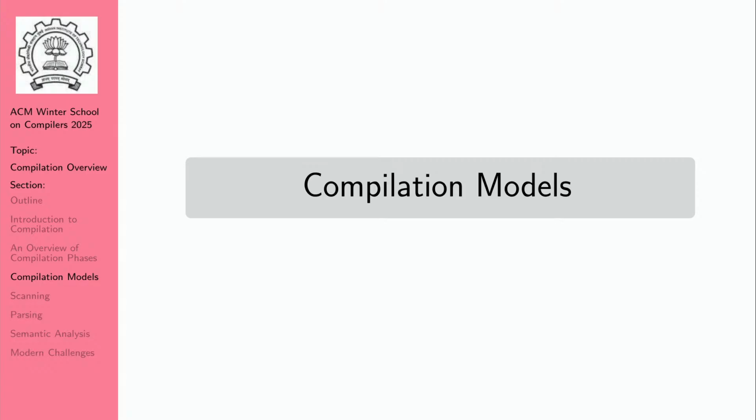Good. There's one more hand. Very good question. The question is, can we go from a lower level of abstraction to a higher level of abstraction? Would anyone like to guess?